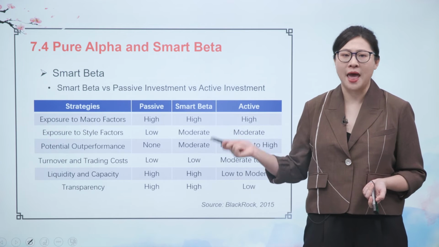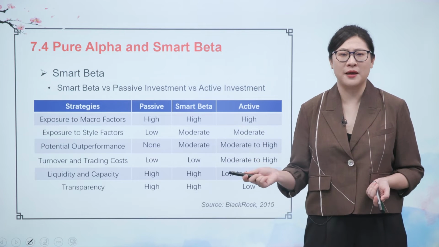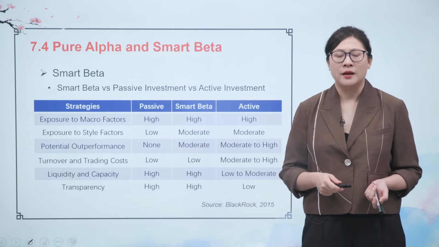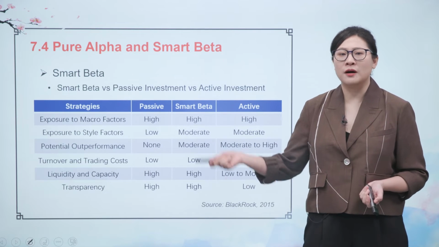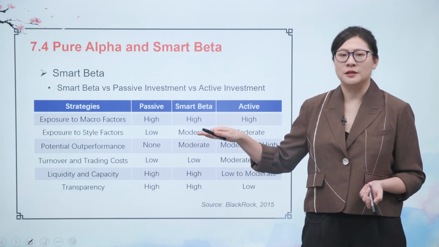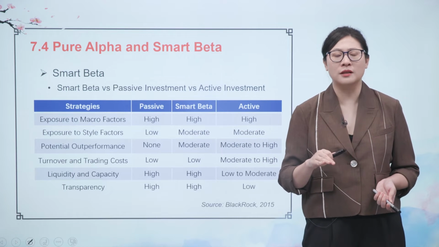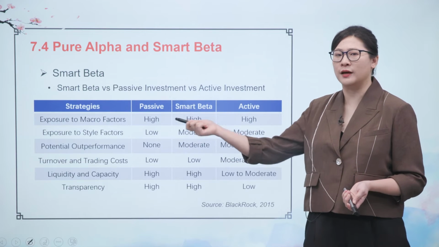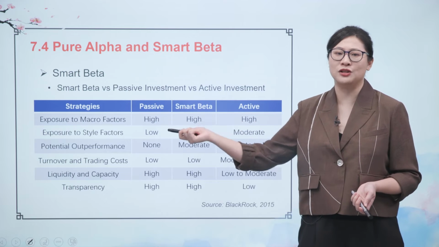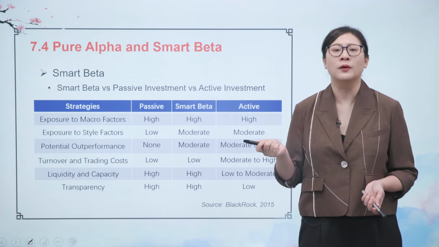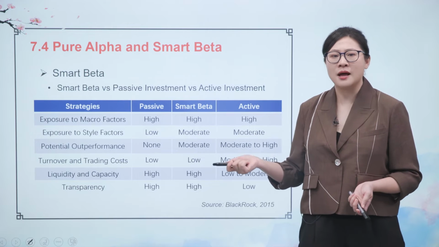Now we will compare the differences between smart beta, passive investment, and active investment. Now let's have a look. For the exposure to macroeconomic factors, all three strategies have high exposure.